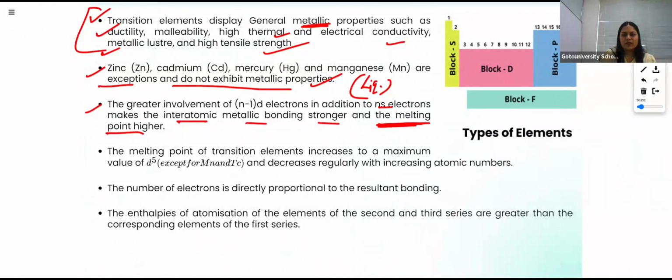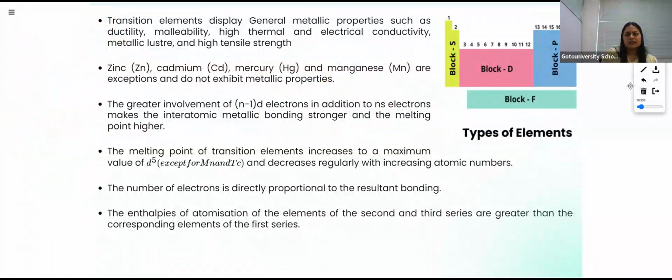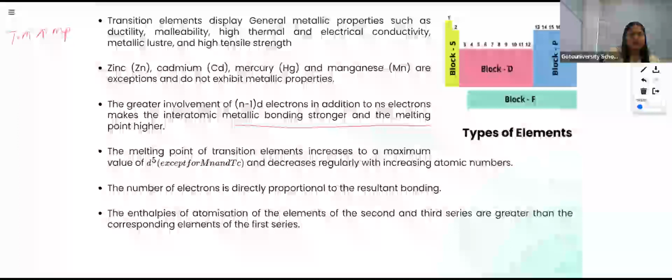Now here we are reading its first general property, that transition metals have high melting point. Okay, how do they have high melting point? Let's discuss this here. This first property we are discussing now, that transition metals have high melting point.